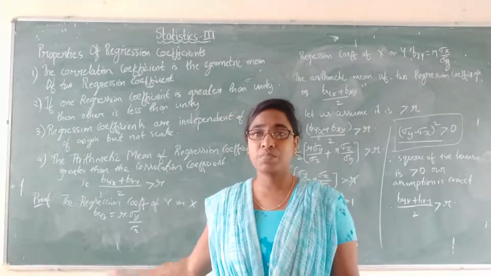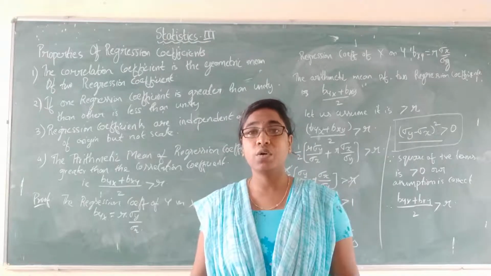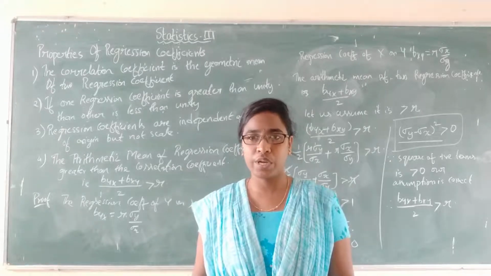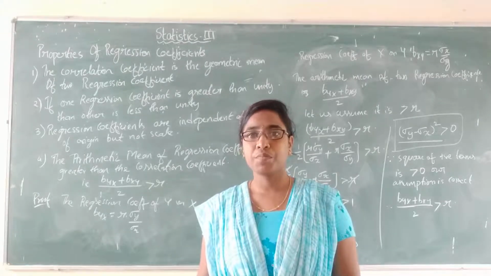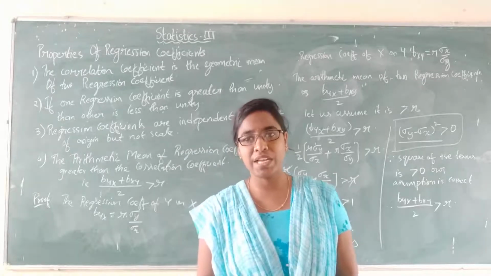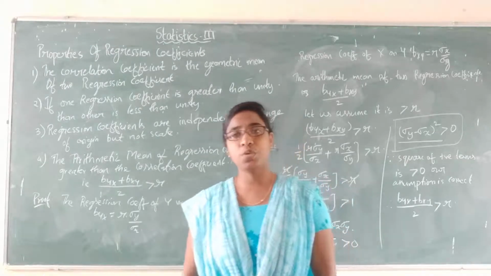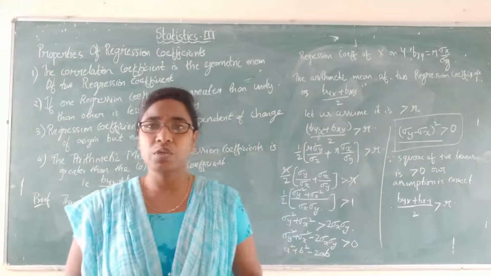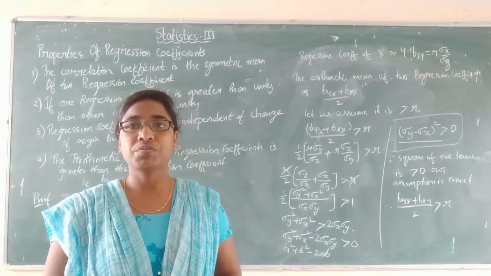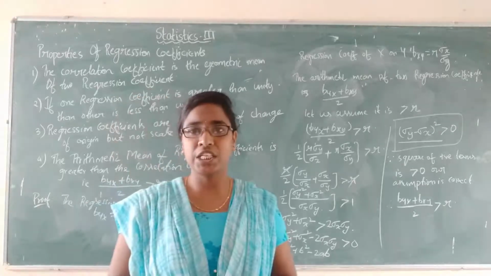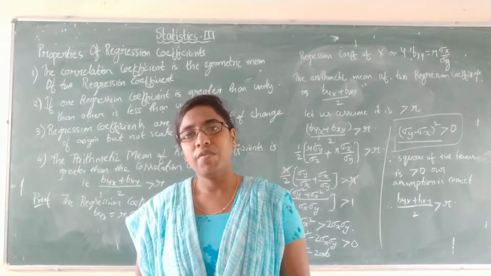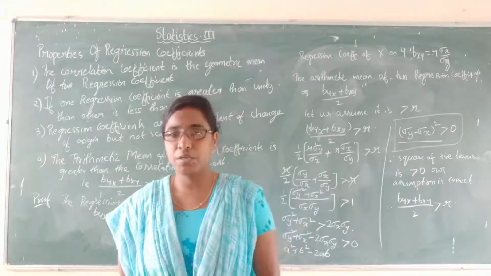For this proof we will be considering the correlation coefficient property. You will consider r of x comma y equals r of u comma v, where u equals x minus a by h and v equals y minus b by k. And we also know that sigma x equals h into sigma u, and similarly we will find sigma y also, k into sigma v.